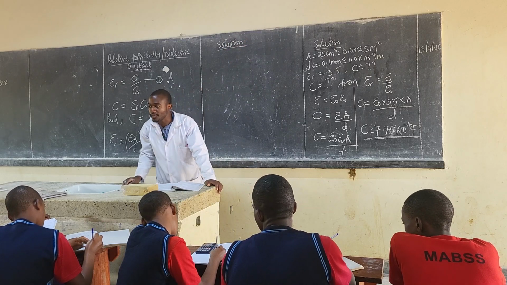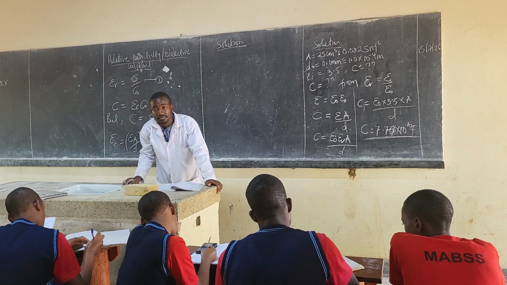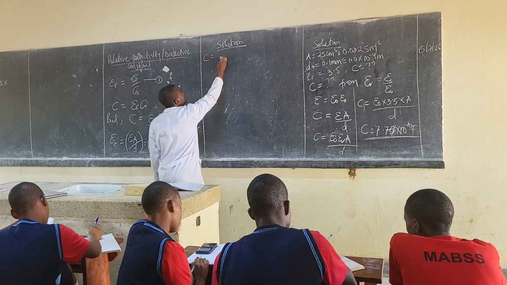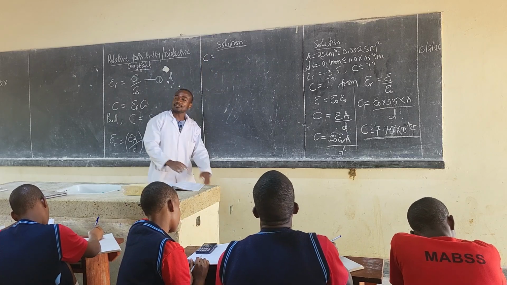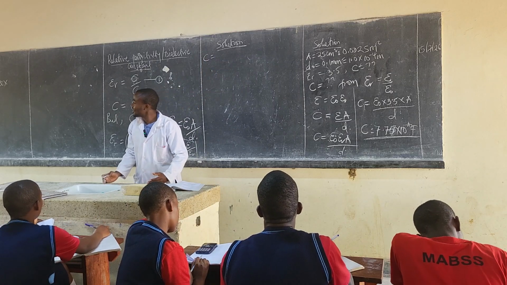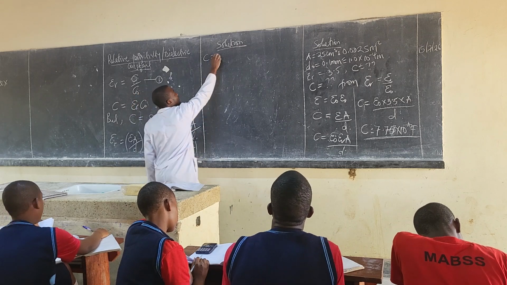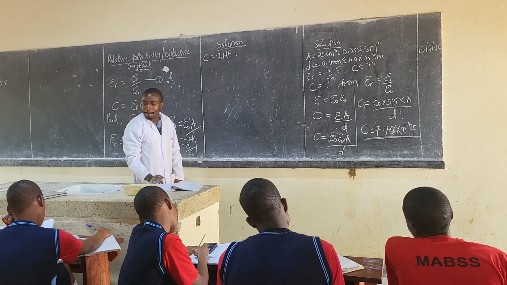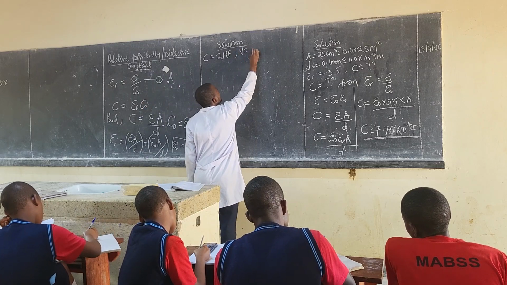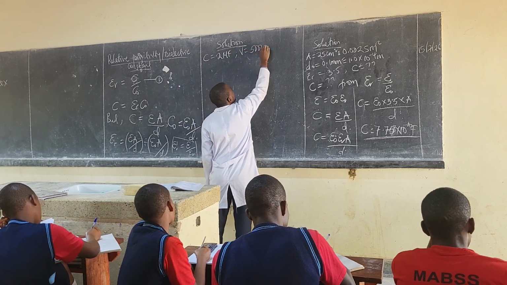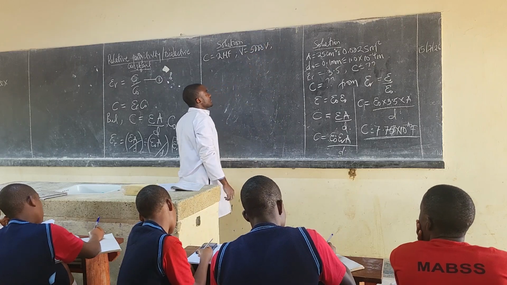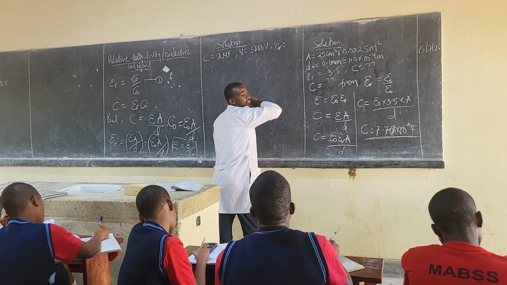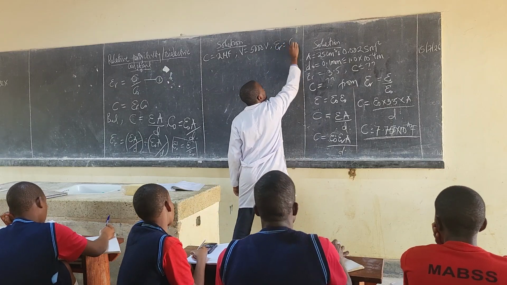Well, solution. What do we know, ladies and gentlemen? We know the capacitance. Please talk to me. It is 2 microfarad. What else? We know the PD, 5,000 volts. We know the dielectric constant or the relative permittivity, 6.